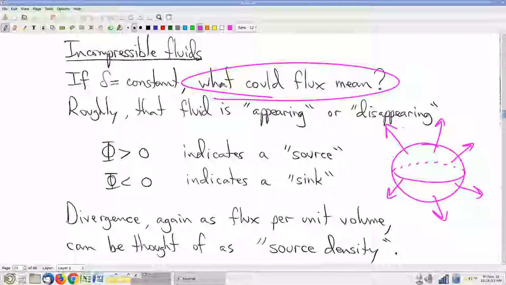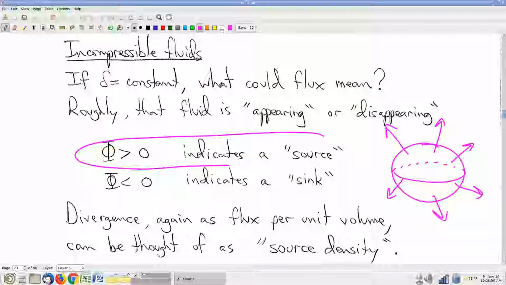So the idea is that, and maybe water's not the best example for the following interpretation, but the idea is that if you have a positive amount of flux, such as what we have here, positive flux, that water's got to be coming from somewhere, right? So maybe there's a chemical reaction happening in here that's creating water, and the water is thus gushing out, something like that.